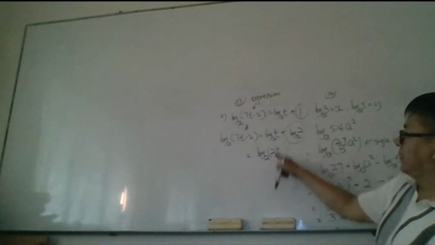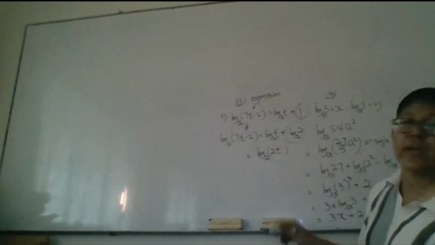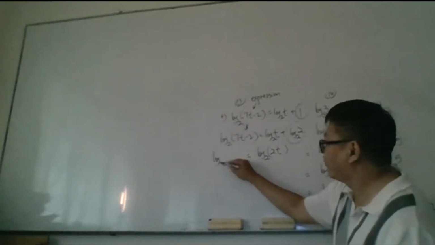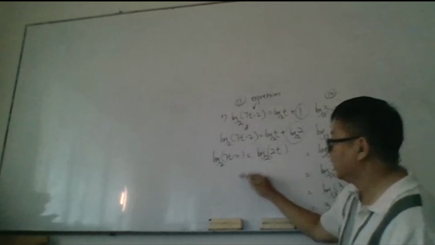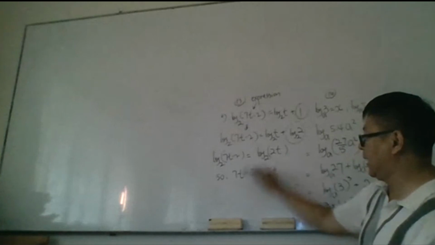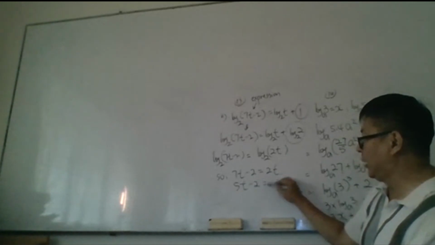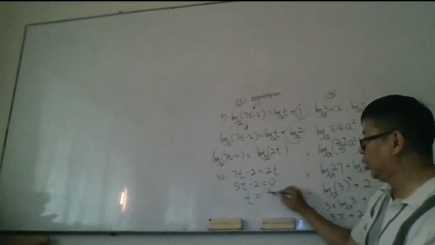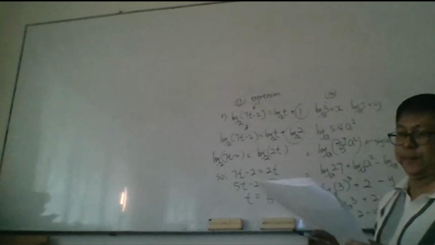So plus means times, minus means divide. So 7t minus 2 equal to 2t. So 5t minus 2 equal to 0. t equal to 2 over 5.